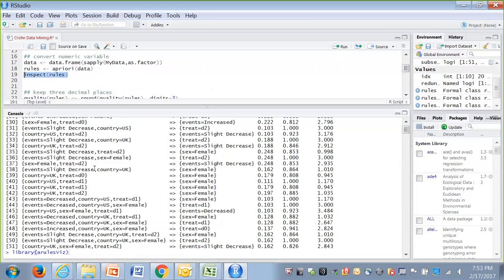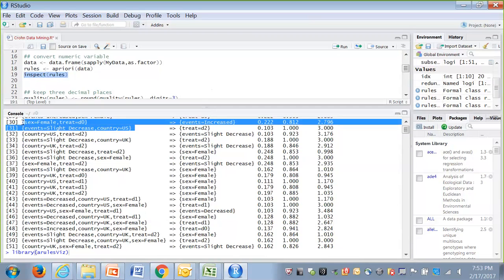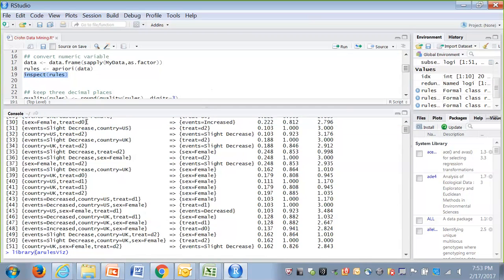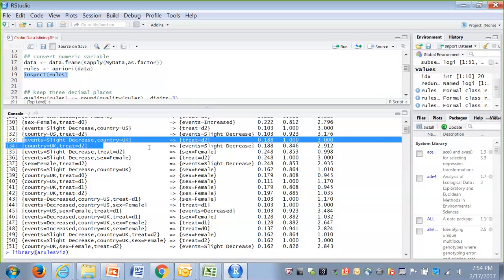So if we look at all these rules, something like this one, and possibly this one, right? So these two are kind of rules in a rule.